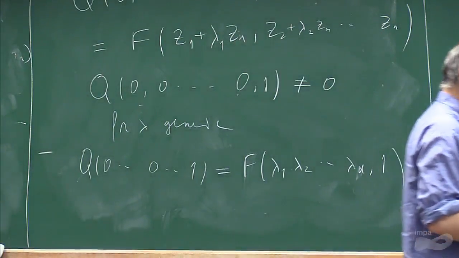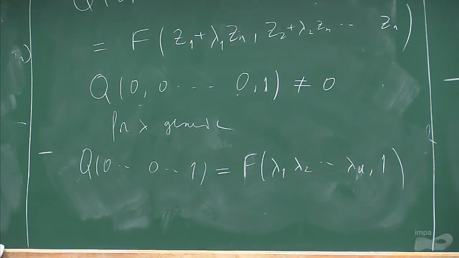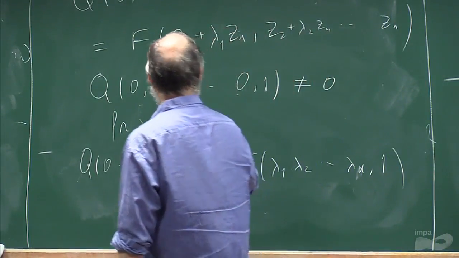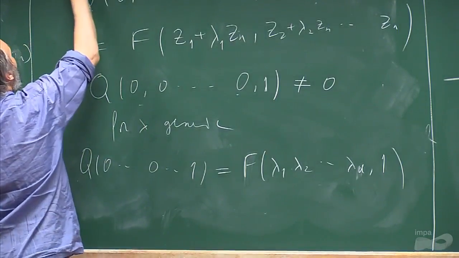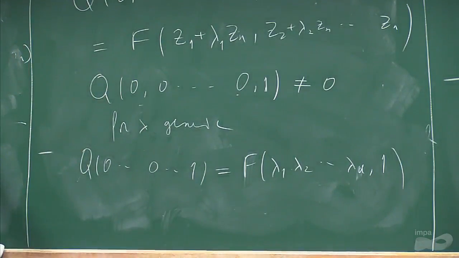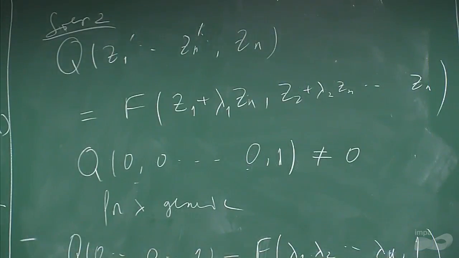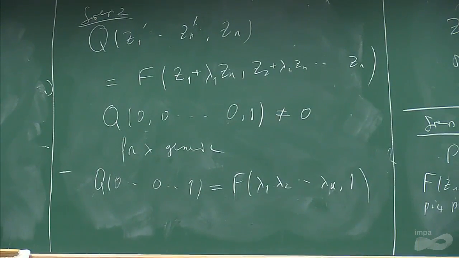Okay, now I claim that under this choice of lambda, we shall already have that our polynomial is monic. So this was step 2. Step 3: in these coordinates, P(0, 0, 1) is non-zero. In fact, the leading term is also non-zero.